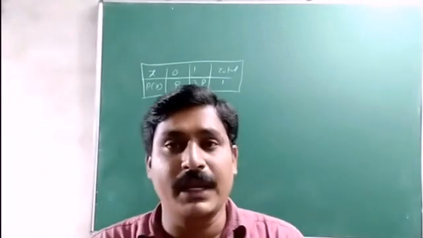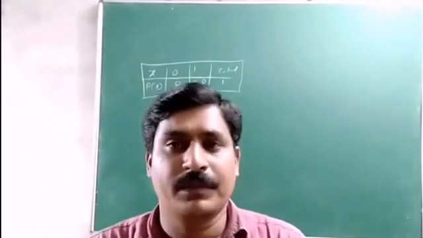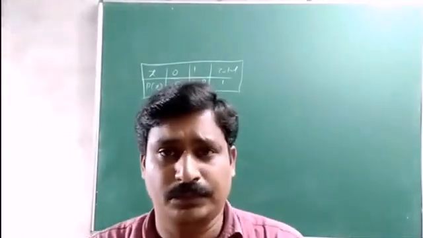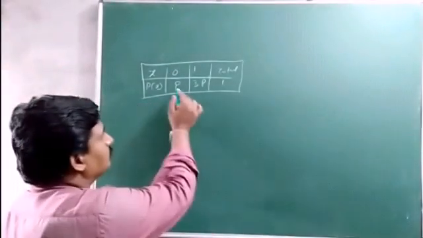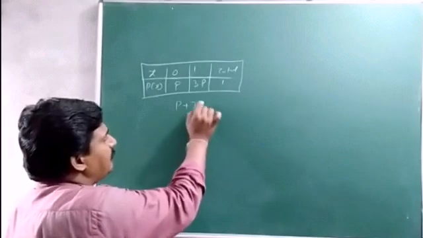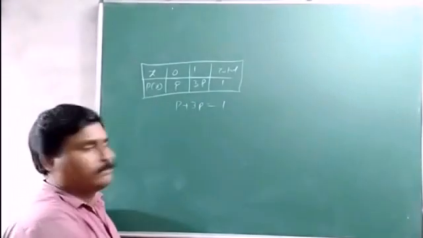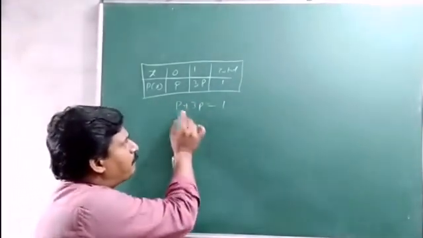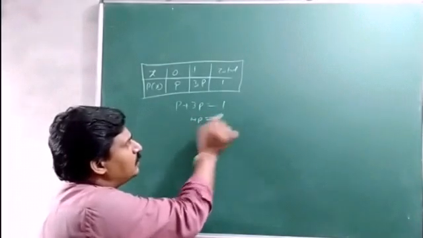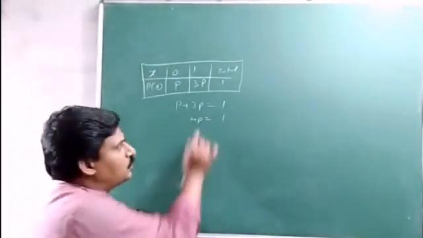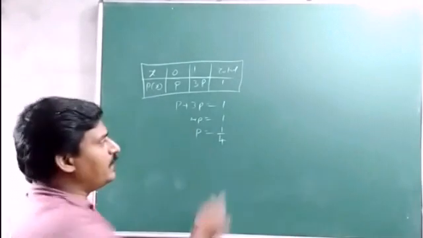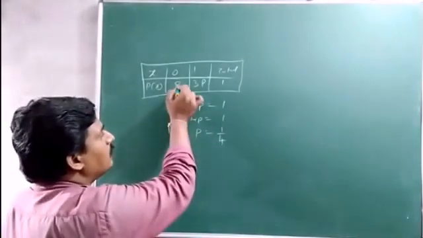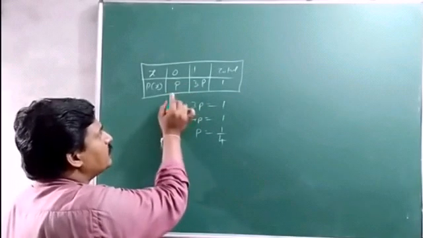Now p plus 3p is equal to 1. Then what is the value of p? So p plus 3p is equal to 1, total 4p is equal to 1, so p is equal to 1 divided by 4.